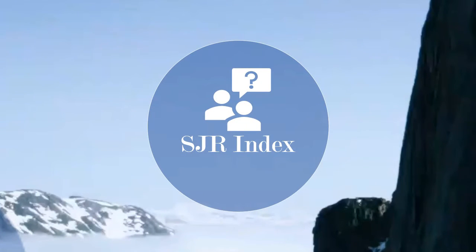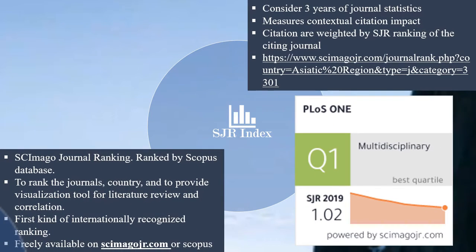Moving on to our next term, which is SJR index. This index is one of the most widely used tools to measure or evaluate the quality of any journal. It is also sometimes called the impact factor.